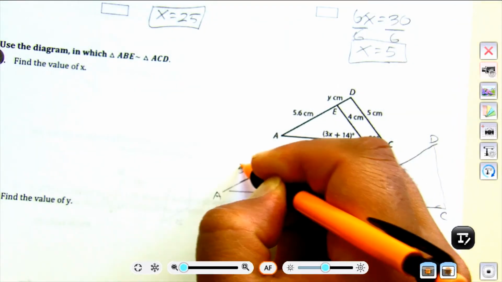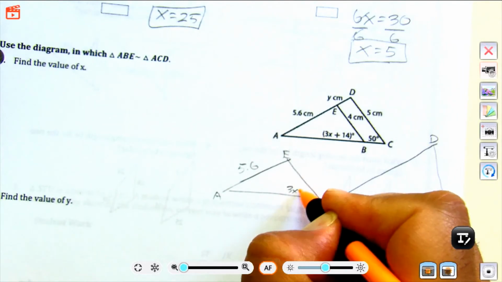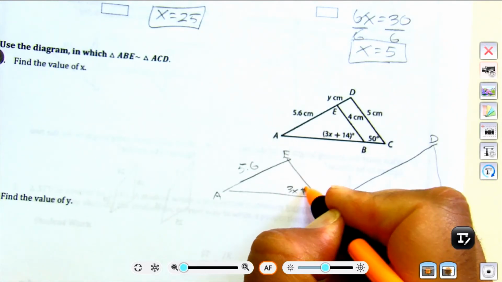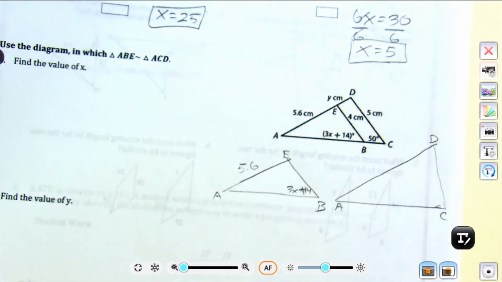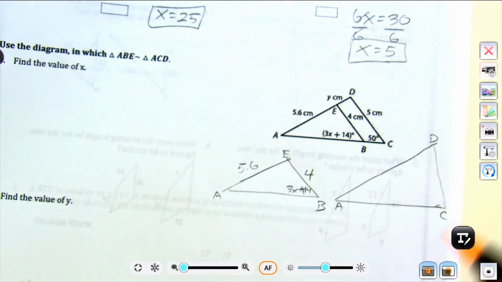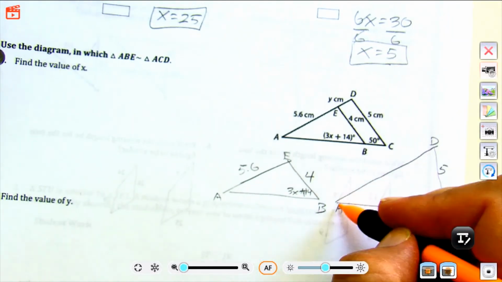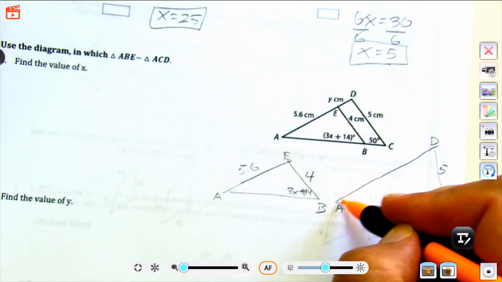And then we have 3x plus 14 is the angle here. EB is 4. We know DC is 5. And then DA, this length right here, is actually 5.6 plus y. And then we have this as 50 degrees.